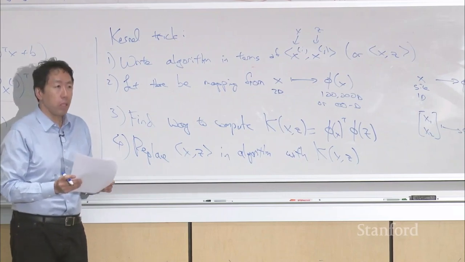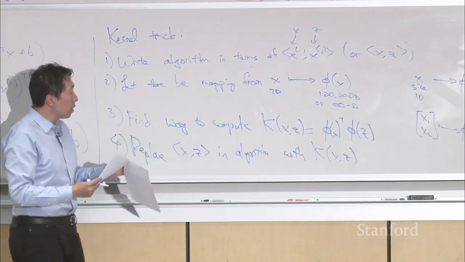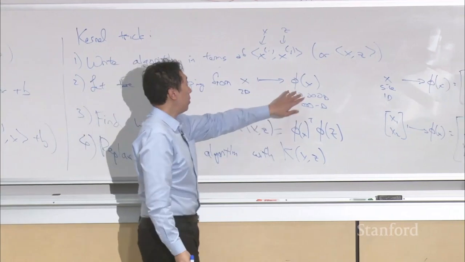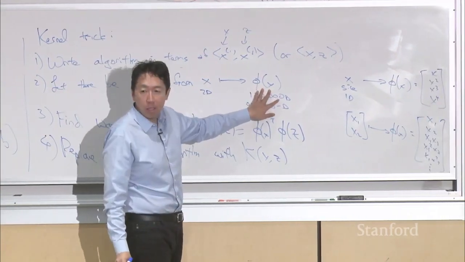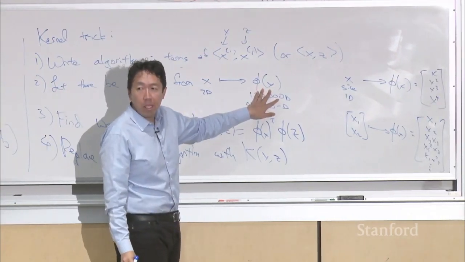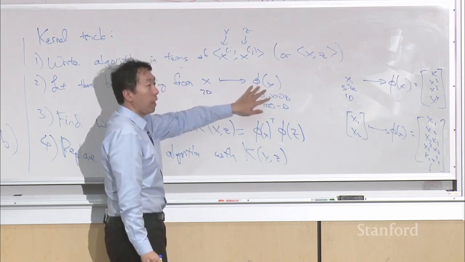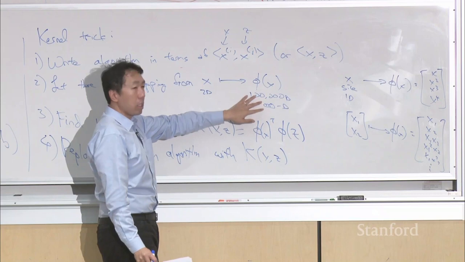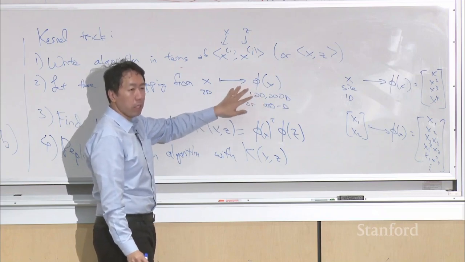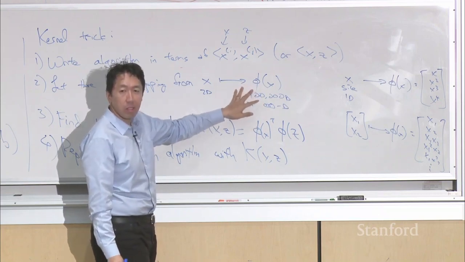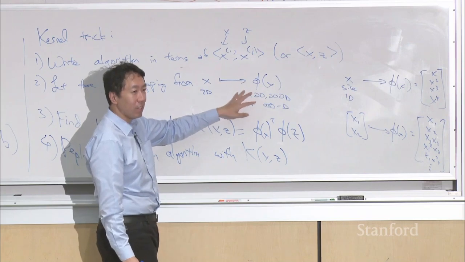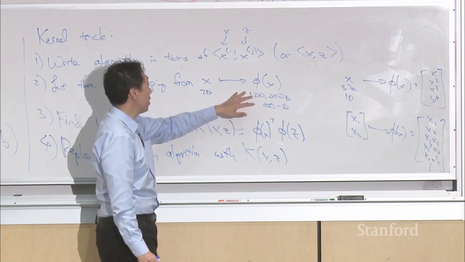Because if you could do this, then you're running the whole learning algorithm on this high dimensional set of features. And the problem with swapping out x for phi of x is that it can be very computationally expensive if you're working with 100,000 dimensional feature vectors. Even by today's standards, 100,000 is not the biggest I've seen.